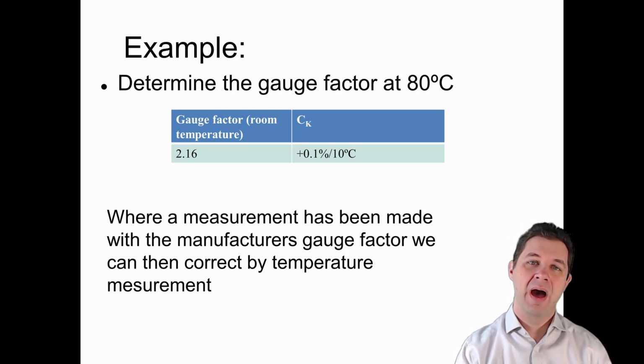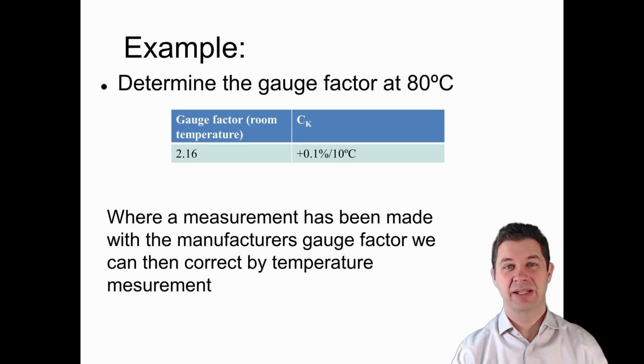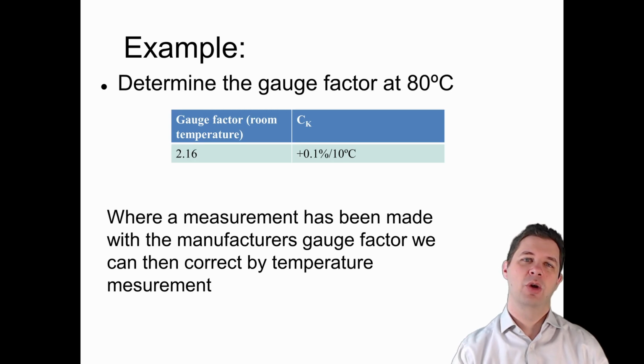So for example, our gauge factor is computed at room temperature, but our strain gauge is operating in a warmer environment of 80 degrees. Well, we can say our gauge factor is plus 0.1% per 10 degrees Celsius. Now, when we've got 80 degrees Celsius, we've got a significant offset occurring there.